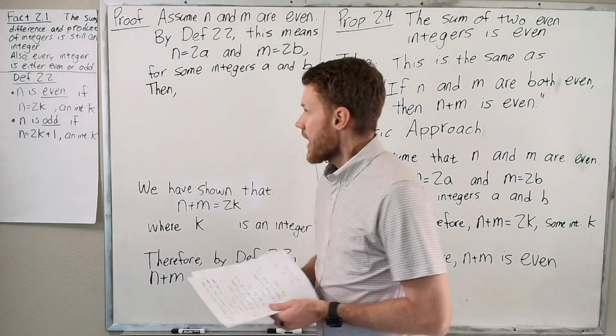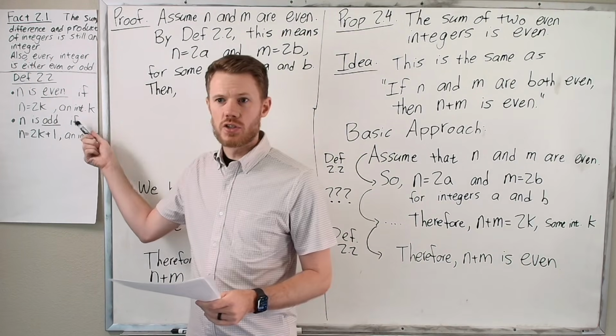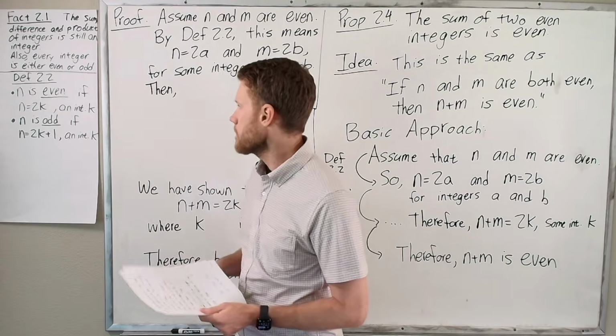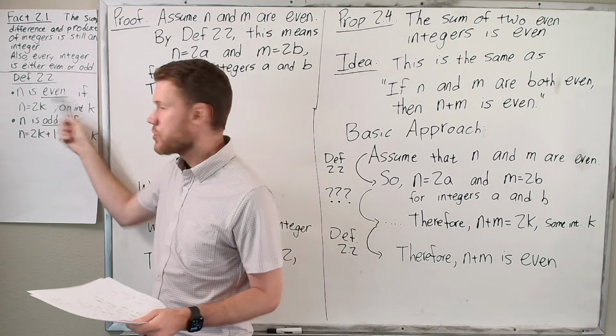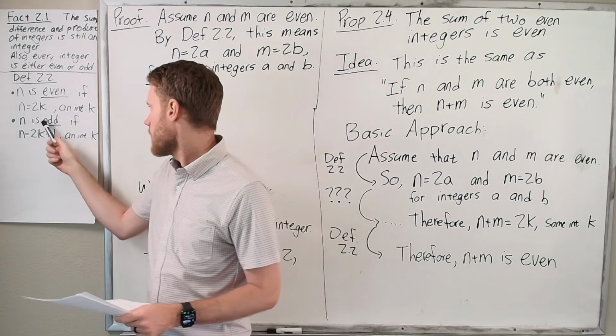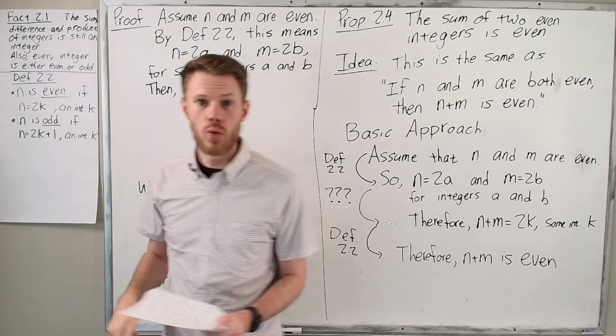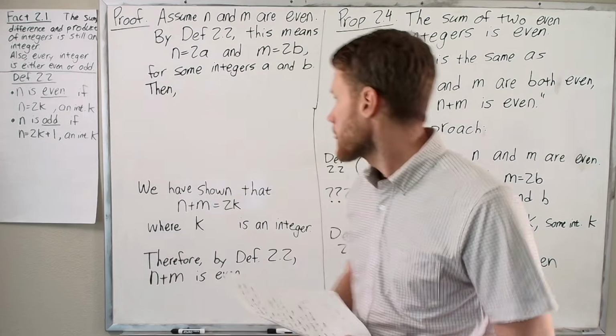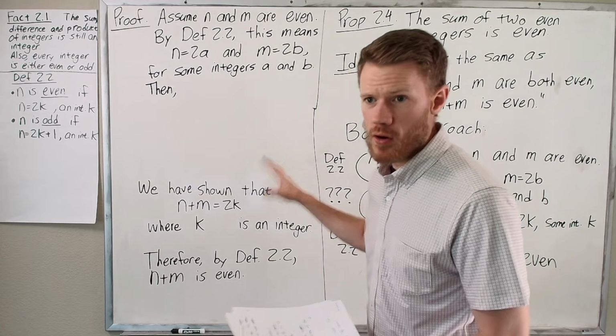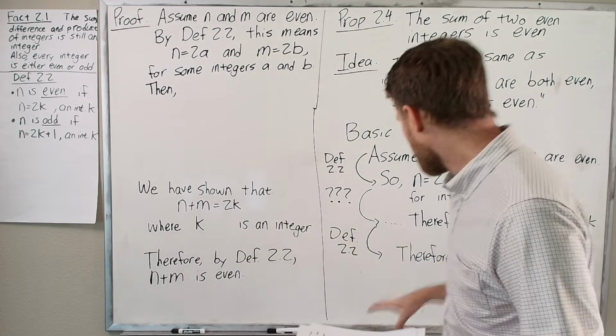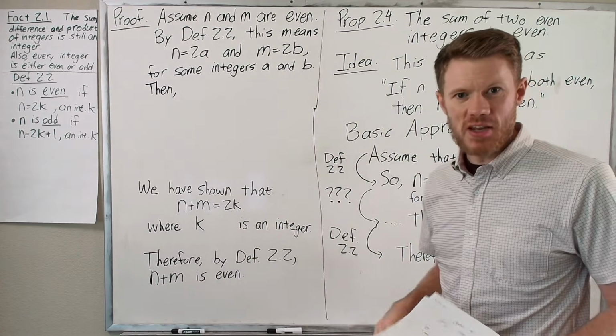All right, so I added definition 2.2 to this piece of paper over here. So n is even if n equals 2k for an integer k. It's odd if n equals 2k plus 1 for an integer k. And over here, I wrote up the parts of the proof that we already established.